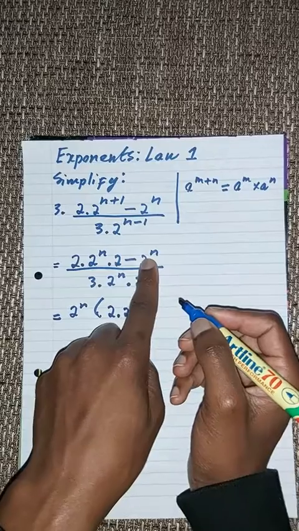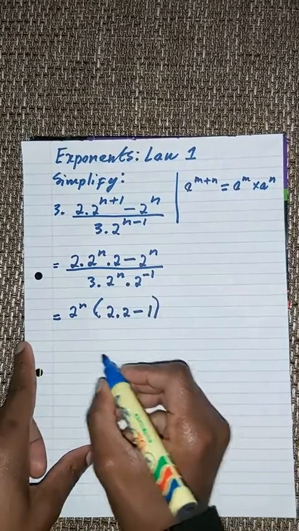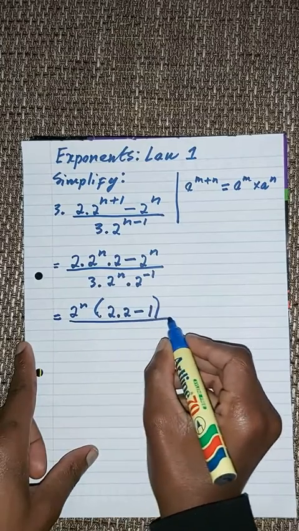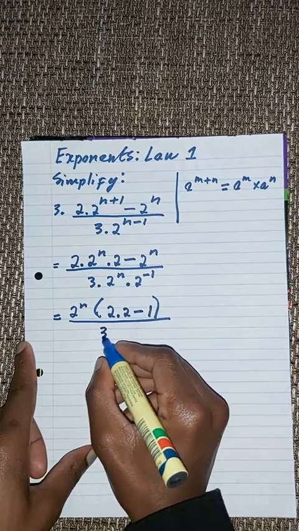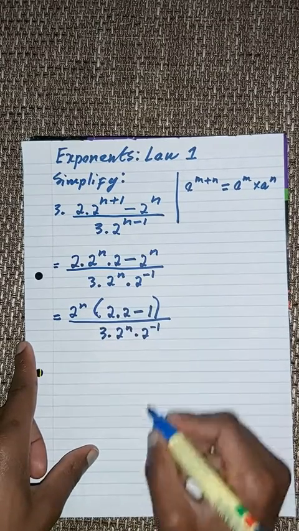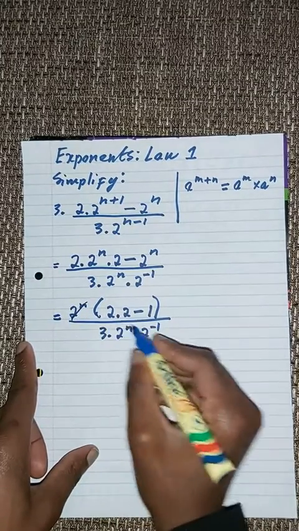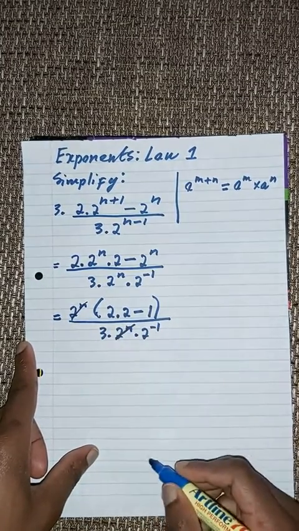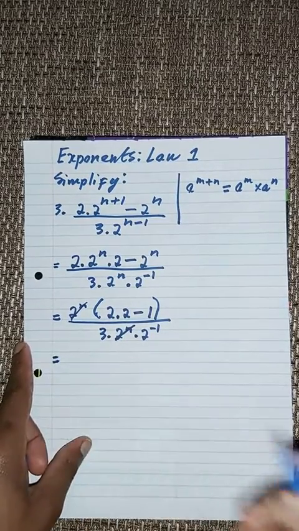Minus, when I take 2 to the power of n out here, I remain with 1. Then at the bottom, I will write everything as it is. I'll write 3 times 2 to the power of n times 2 to the power of negative 1. This 2 to the power of n at the top will cancel out with the 2 to the power of n at the bottom.